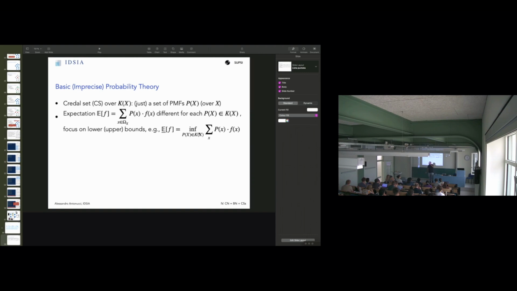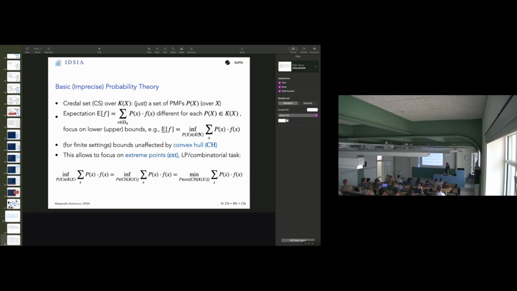Which one is the most representative value? The lower bound, the upper bound, the midpoint? I have no idea. There is no second order knowledge. So the interval will be the result of my inference. Okay, this is going to be my optimization task all the time when I do this kind of models.